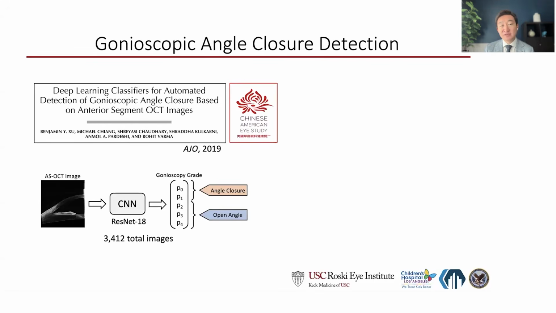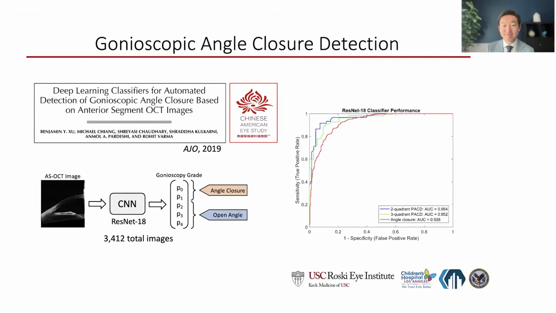And using a convolutional network, which is a form of artificial intelligence, we trained this model to essentially translate an AS-OCT image into a gonioscopy grade, and then grades 0 and 1 were classified as angle closure due to inability to visualize the pigmented trabecular meshwork, and grades 2, 3, and 4 were deemed to be open.